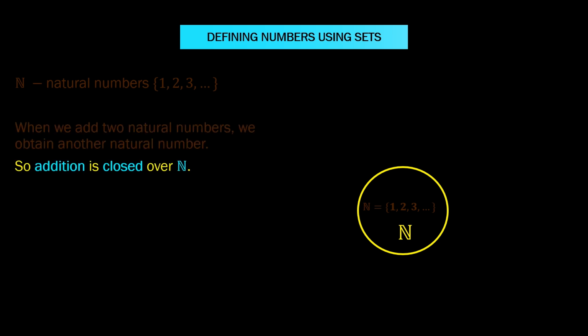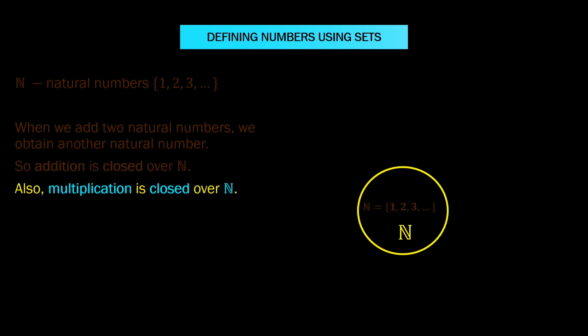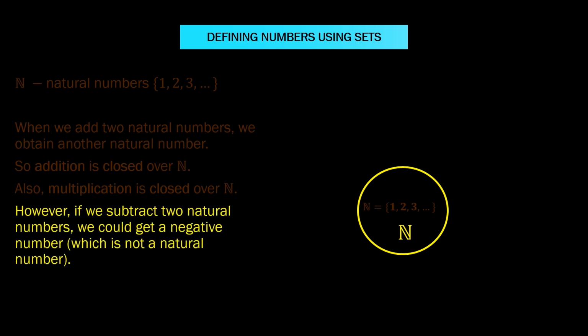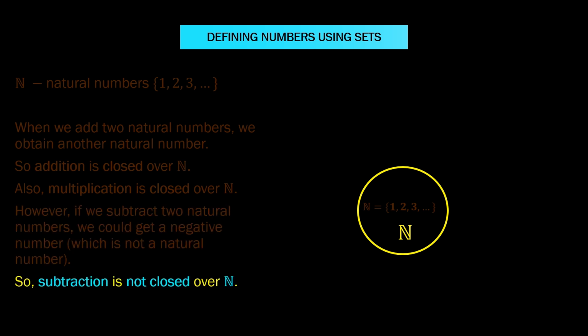So addition is closed over the natural numbers. Similarly, multiplication is also closed over the natural numbers, since when we multiply two natural numbers, we get another natural number. However, if we subtract two natural numbers, we could get a negative number, which is of course not a natural number. So subtraction is not closed over the natural numbers.